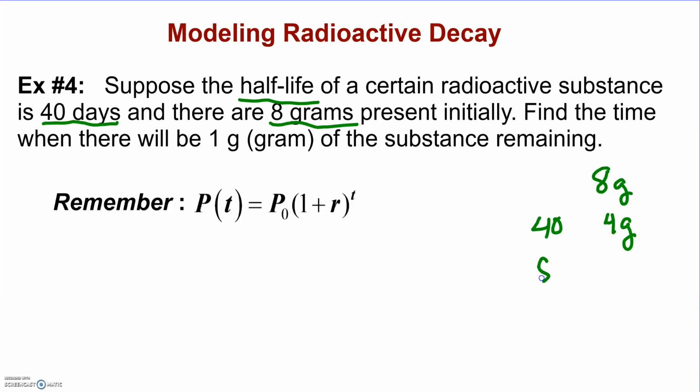And then after 80 days, I would be down to only 2 grams. And then after 40 more days, which would be 120 days, you're down to half of that amount, which would be 1 gram. So really, 120 days is the answer to this problem. When is there going to be 1 gram remaining? So let's just kind of keep that in the back of our mind.